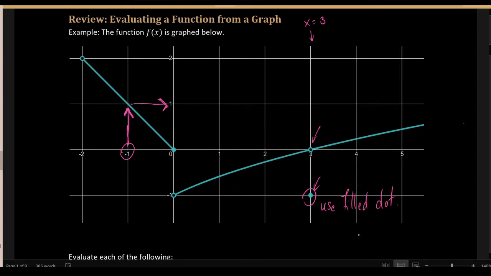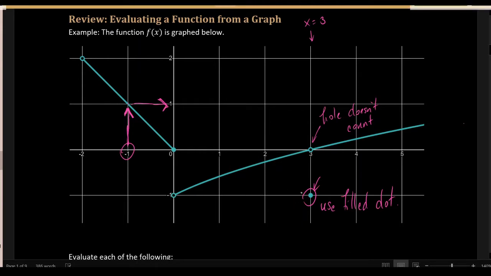Holes indicate points on the graph that don't count. If you see a hole in the graph, that means that that exact location is not actually on the graph at all. The real location of the graph when x is equal to exactly 3 is indicated by this floating filled dot down below. That's where the graph actually is.